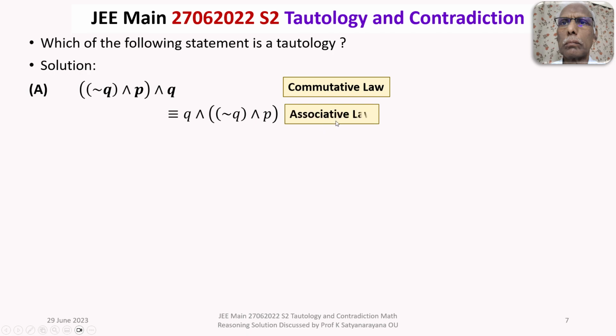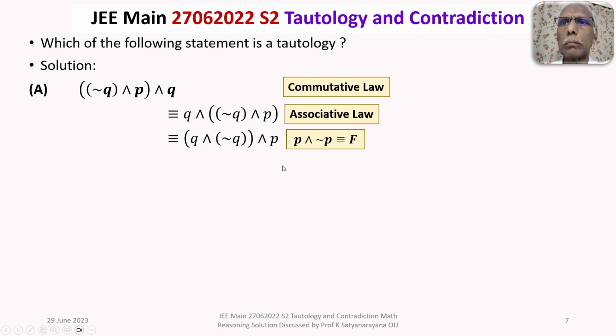It's logically equivalent to Q and negation of Q, and P. Recall, Q and negation of Q is a contradiction. That means it will be always false for all possible truth values of Q.